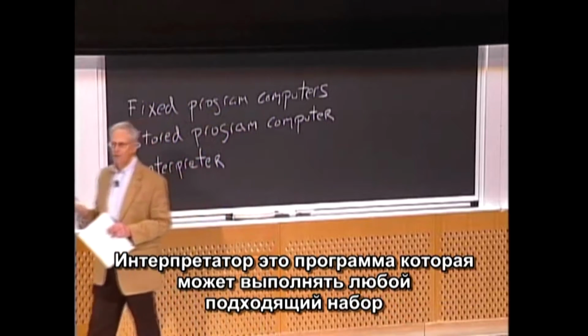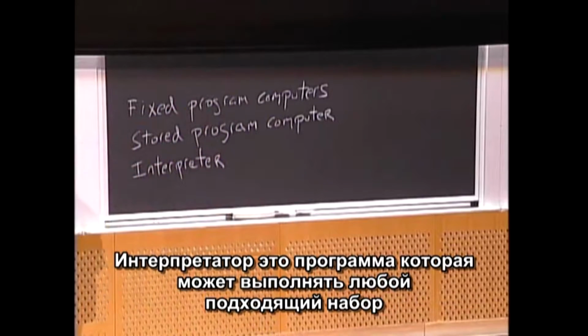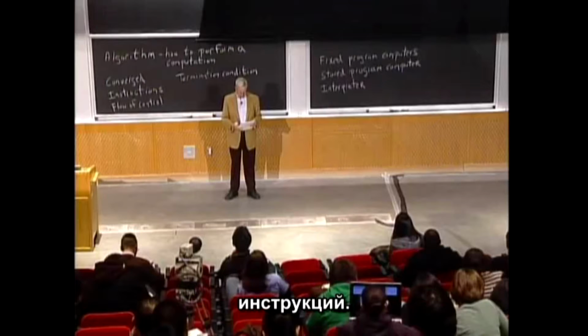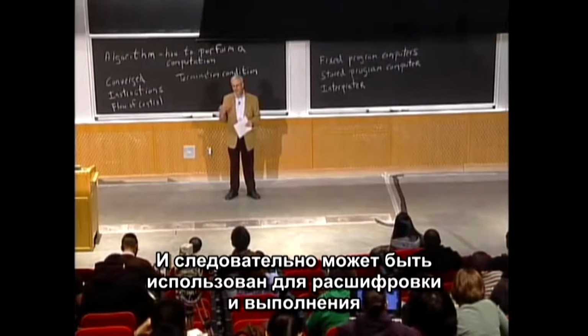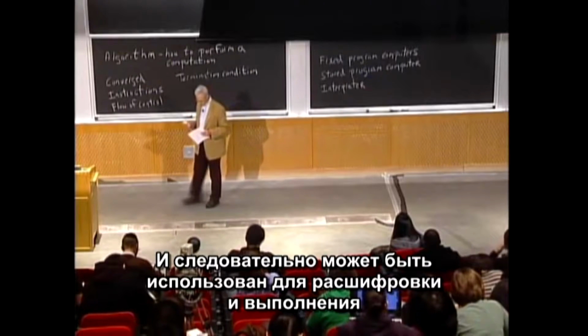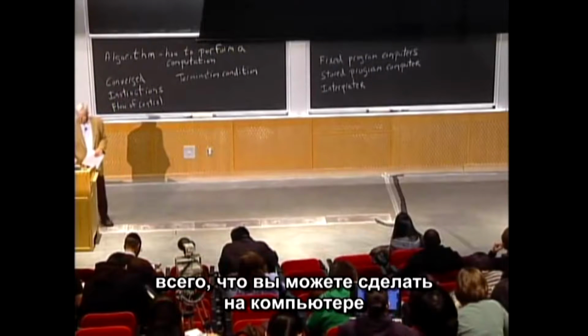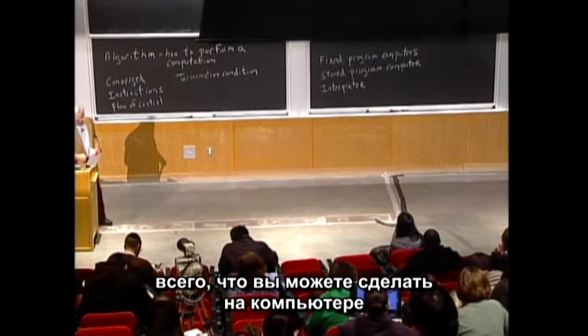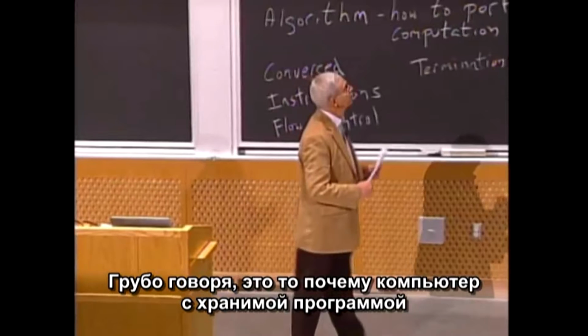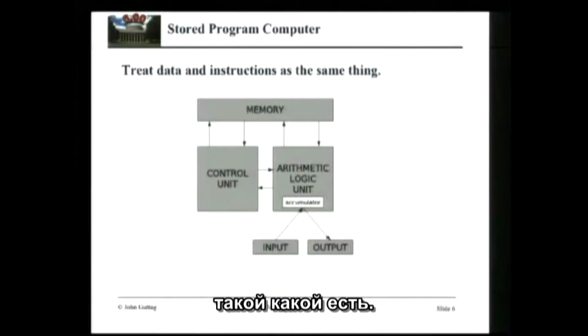An interpreter is a program that can execute any legal set of instructions, and consequently can be used to describe and accomplish anything you can do with the computer. So roughly speaking, this is what a stored program computer looks like.